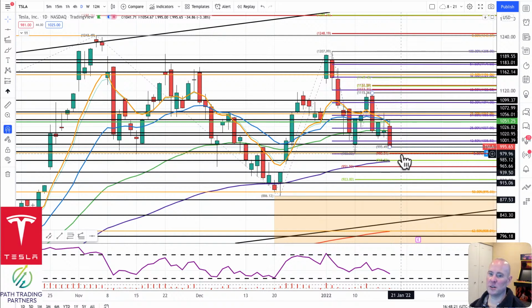But overall, as I said, on any long play, aggressively move up stops, take partial profits, and then get your stop to break even. If you catch a bounce, don't let it turn into a loser, which is why you take some profits off the table and get your stop to break even, because this can roll over on a dime, especially with the broad markets. Even if we get a bounce in the NASDAQ and everything else, I'm looking for a bounce to prior support becoming resistance, and then roll over again.